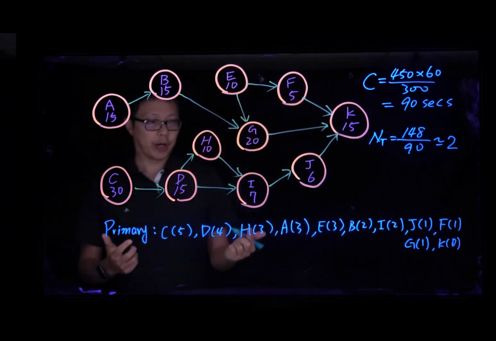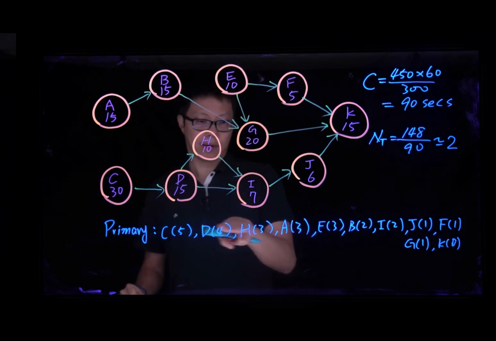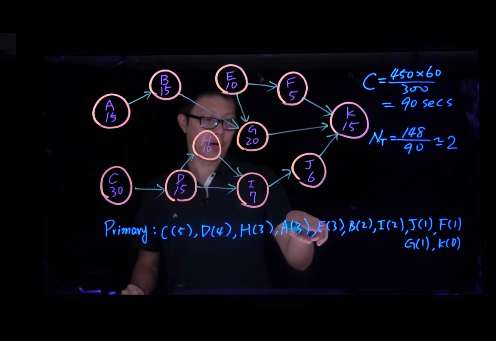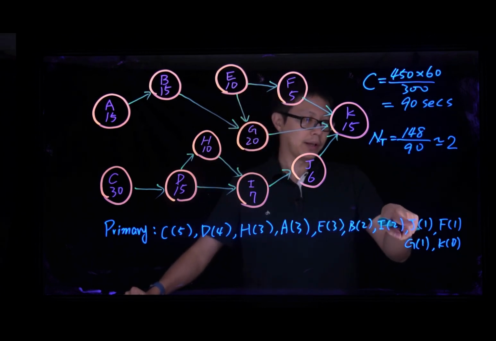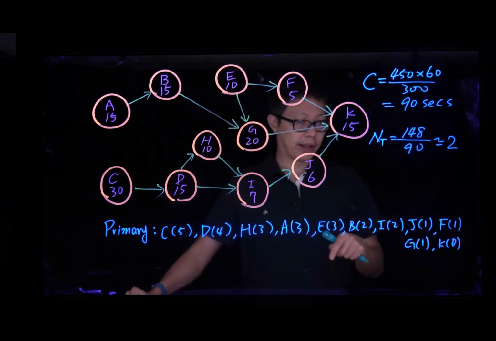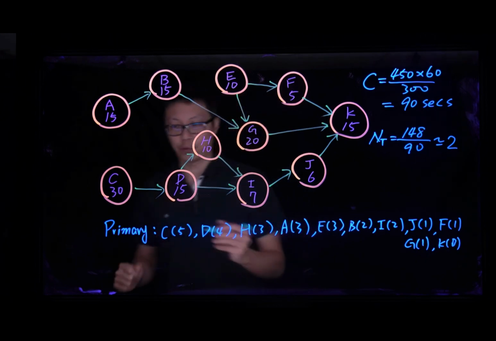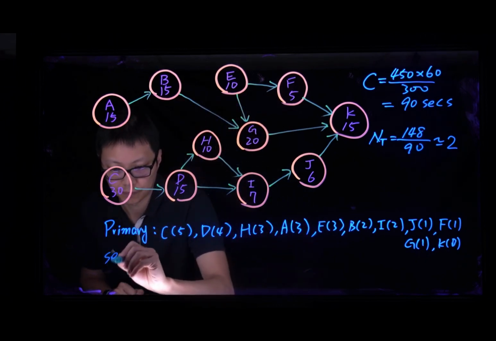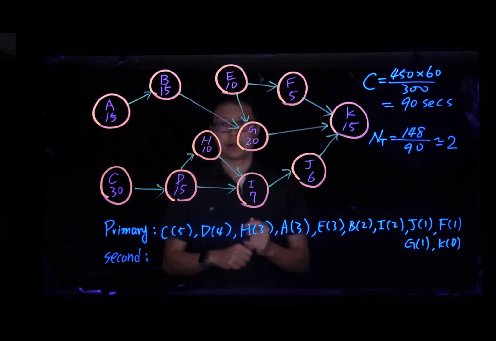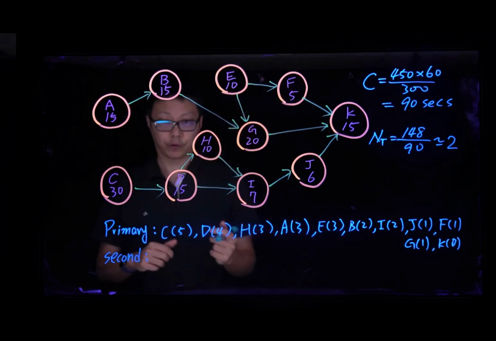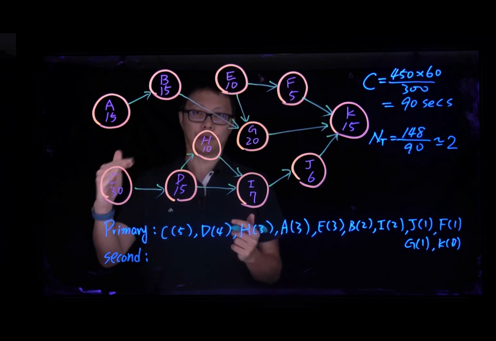So as you can see, we have a couple ties. H, A, E, they all have 3. Similarly, B and I will have 2. J and F and K, they all have 1. So we need to use the secondary rule. The secondary rule will be based on the duration of each task. So we try to sort it from the highest to the lowest.